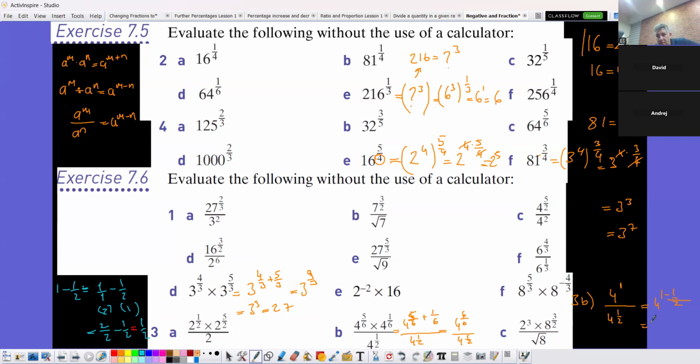So the answer here, which I didn't write, is going to be equal to 4 to the power of 1 over 2. This can also be written as a radical expression, square root of 4.